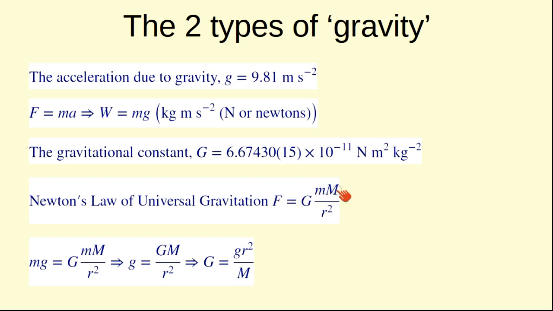The product of the masses of the planets divided by the square of the distance between them, the inverse square law. So they make these two equations equal, mg equals G Mm over r squared, little m cancels, little g is GM over r squared, or big G is g r squared over M. That's if you make these assumptions that this value is correct and the assumption that they are both equal.